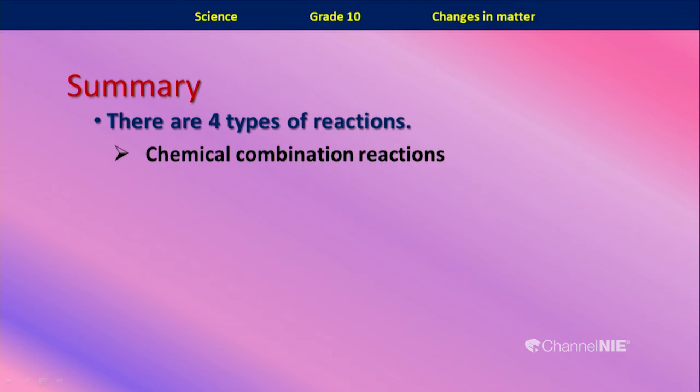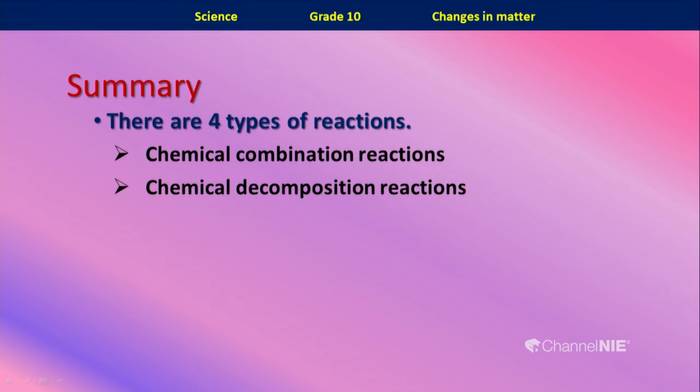Then we discussed chemical decomposition reactions, that means a single reactant converted into a number of products. Then we discussed single displacement reactions, displacement of one element present in a compound by using another element and forming new products.